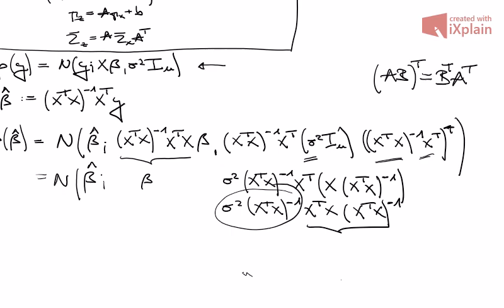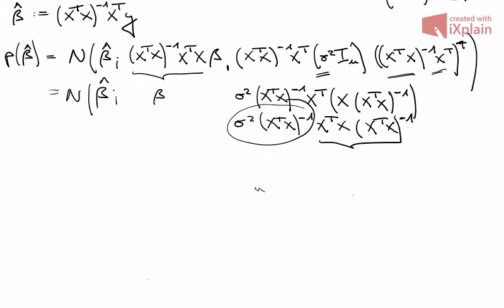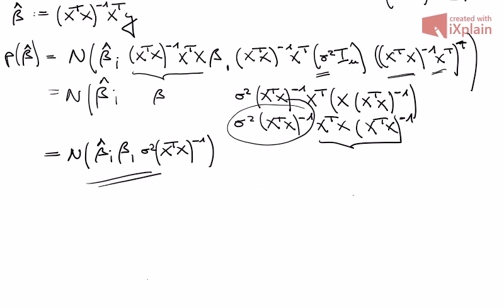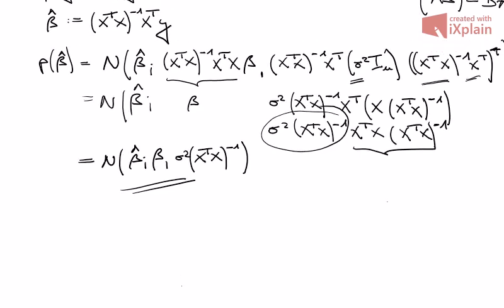So maybe let's write it up nicely again. So we get N(beta hat; beta, sigma square (X transpose X) inverse).